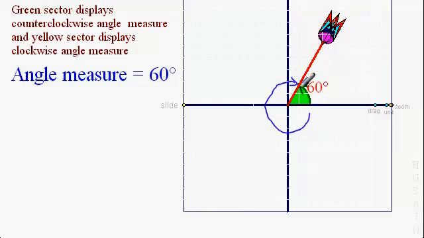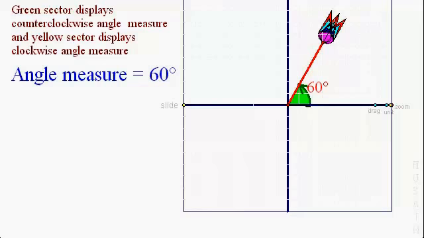If I have to find this angle, the positive angle is 60 degrees, and if I subtract 360, the answer we get is negative 300 degrees. So if I measure from this in the clockwise direction, it will give me negative 300, while in the positive direction it is 60 degrees.